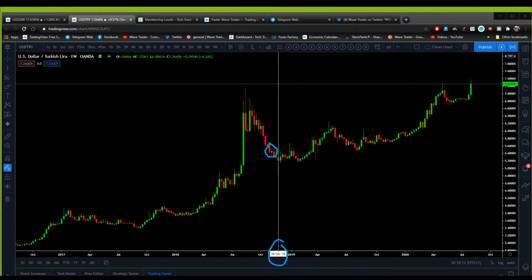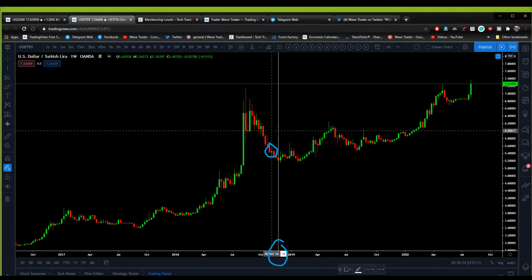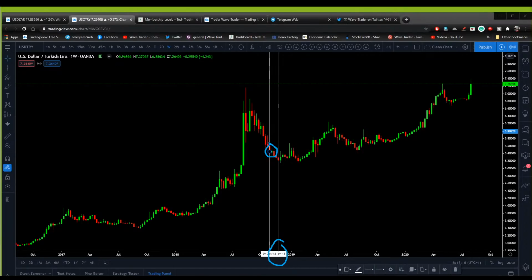Okay, these dates. So just watch that. October to November weekly outlooks. If you do have time, go to the weekly market outlook and just watch that when this was happening, what I was saying. All right, this move to happen. That move is happening.